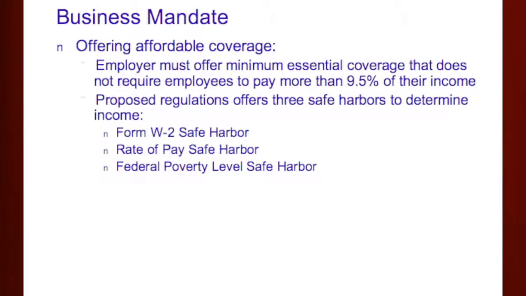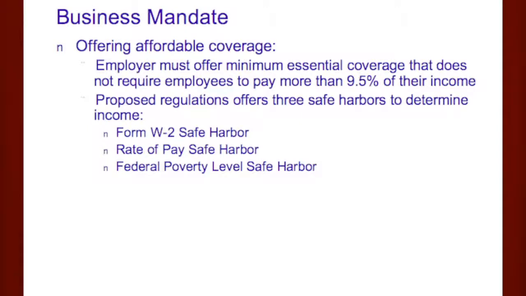The employer can simply look at the amount of wages that's on a W-2. There's a rate of pay safe harbor, and then the premium amount expected to be paid by the employee can be based upon the federal poverty level income.